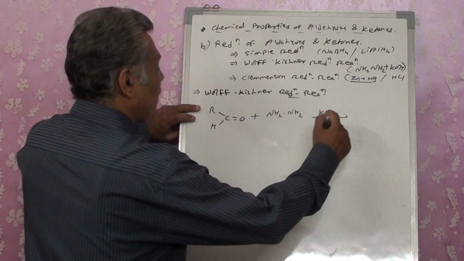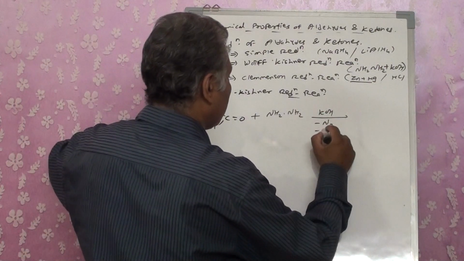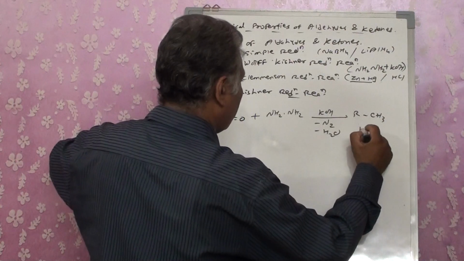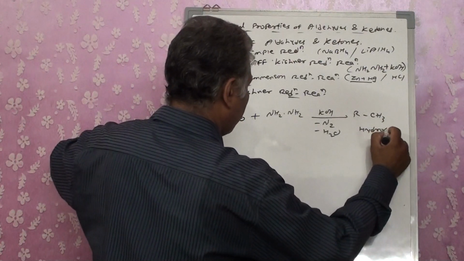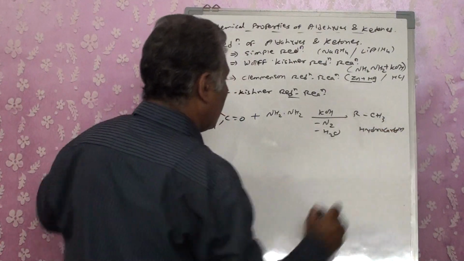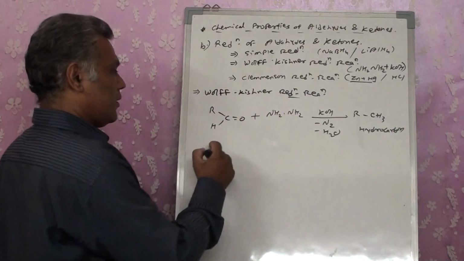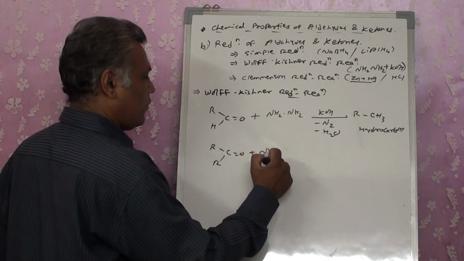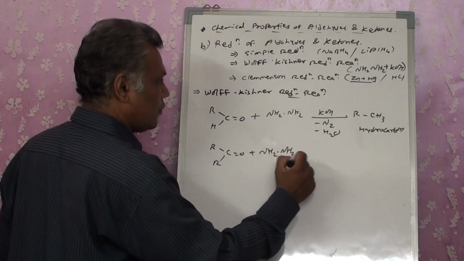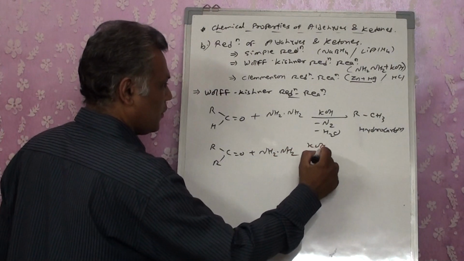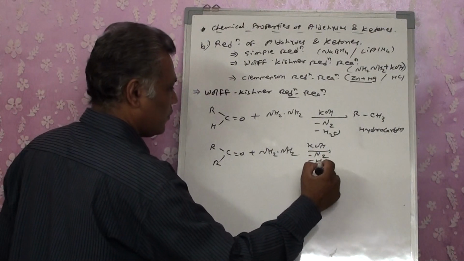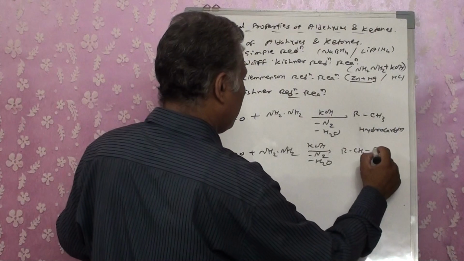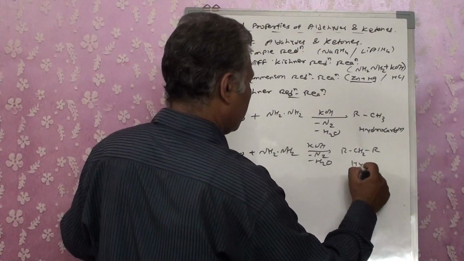The product here we are going to get is a hydrocarbon. It's not only for the aldehyde, the ketone too. If we take a ketone and react it with NH2NH2 and KOH, it is also going to give out N2 and H2O, and the product is converted into a hydrocarbon.